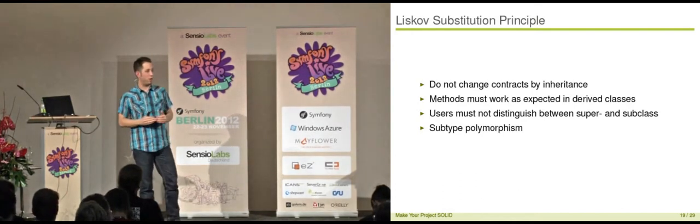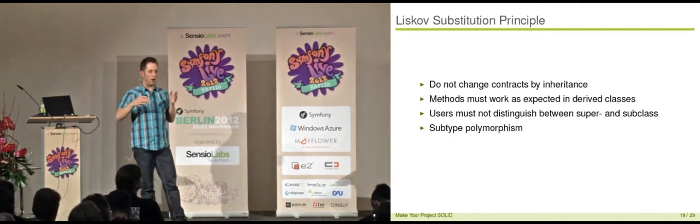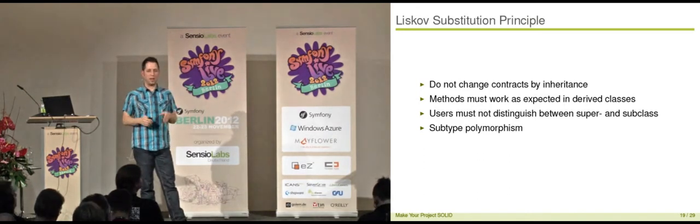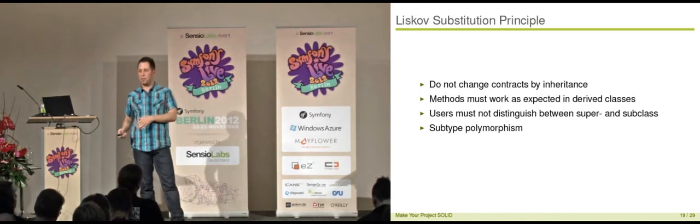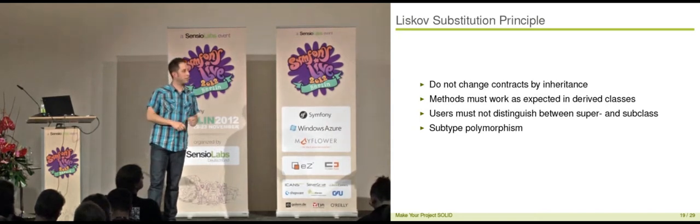Very, very important. No code using the class must distinguish if it has a subclass or the original class, if it has the interface or an implementation of the interface.